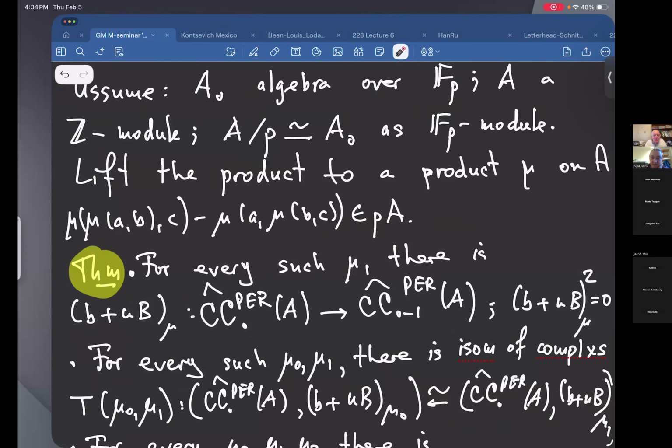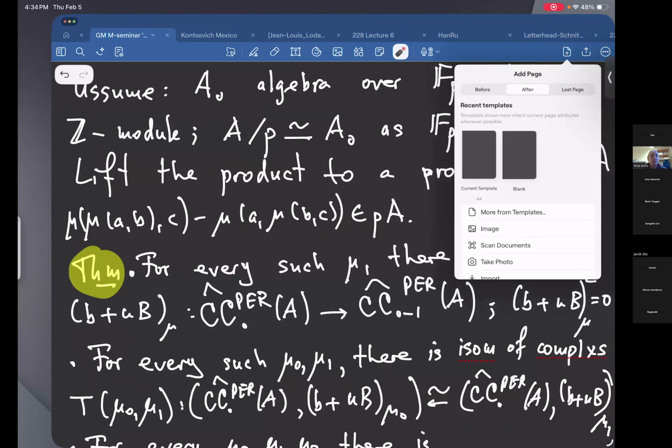Can you say a little bit more, just very briefly, about the crystalline cohomology in the non-commutative setting over a field of Fp? Yes, so, roughly, you have the divided power structure somewhere, and you have A still to be a dg algebra.